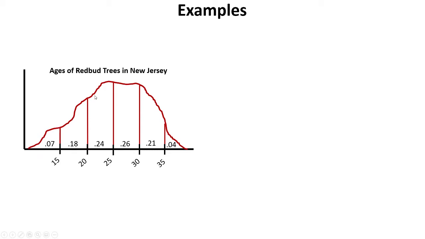It's just the fact that this is a probability density function. And underneath this function, I've put what the probabilities are in each of these regions between 0 and 15, between 15 and 20, 20 and 25, 30 to 35, and 35 plus as 0.07, 0.18, 0.24, 0.26, and 0.21. So basically I've done the integrals for you.